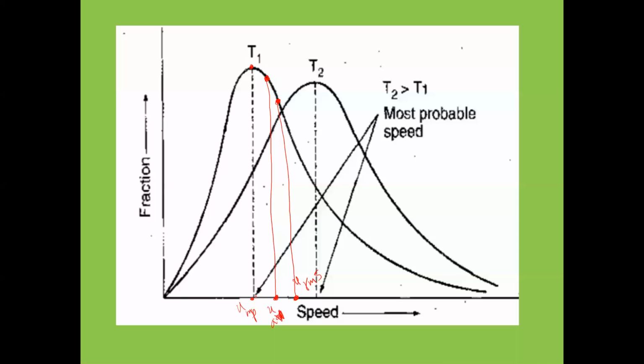At every temperature, three types of velocities will be there. At T1 temperature, three types of velocities like this.